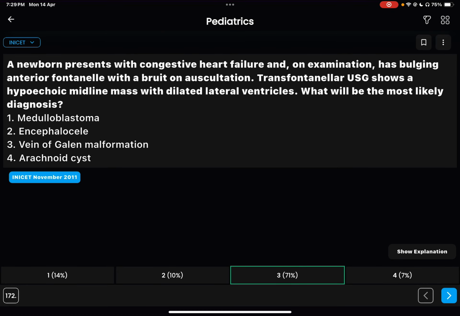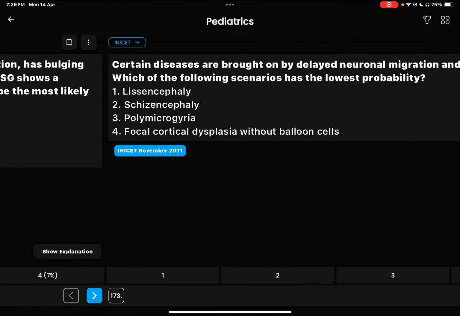Vein of Galen malformation will have bulging anterior fontanelle and bruit on auscultation.